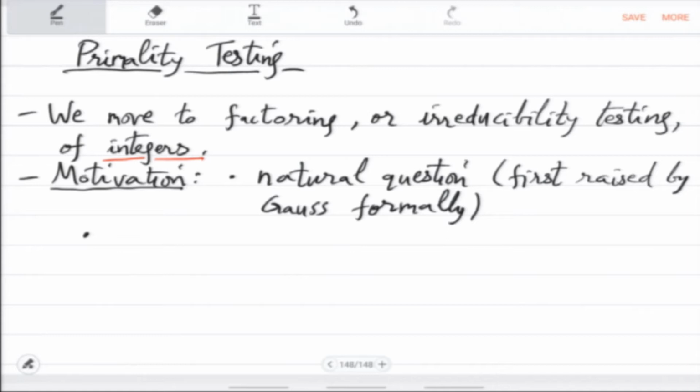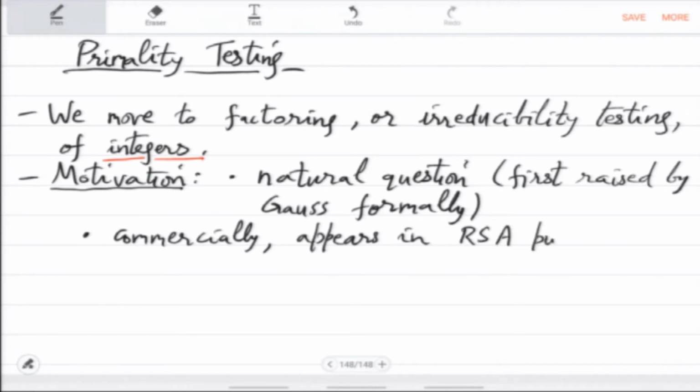Second, more recent reason is commercially these questions appear in the RSA crypto system, public key crypto system. Okay, which is used in almost everywhere on the internet where you want security.